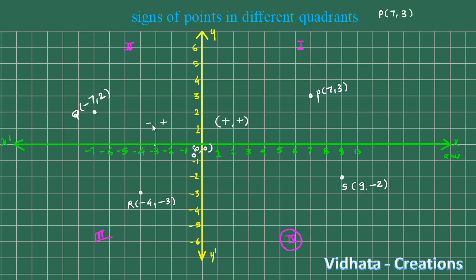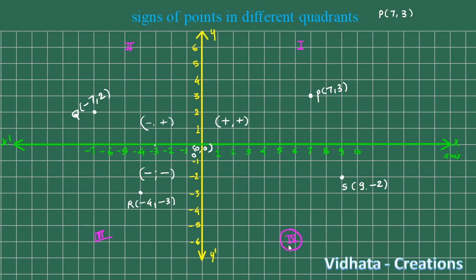It means the x coordinate will be negative and the y coordinate will be positive. What can you say about point R? If a point lies anywhere in the third quadrant, then both its x and y coordinates are negative, minus minus.